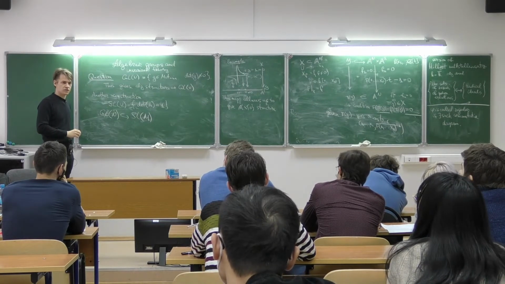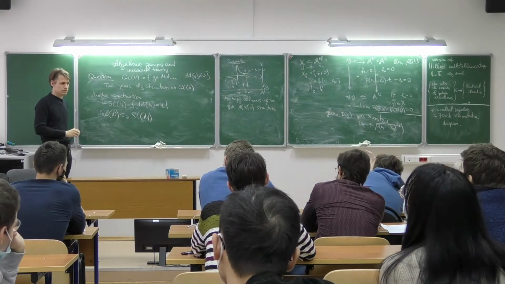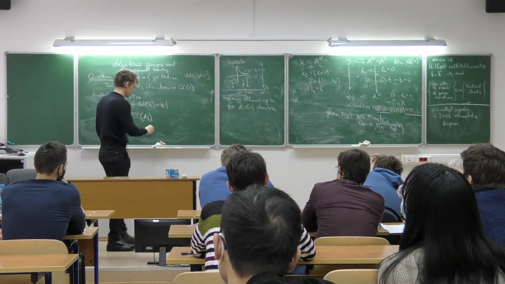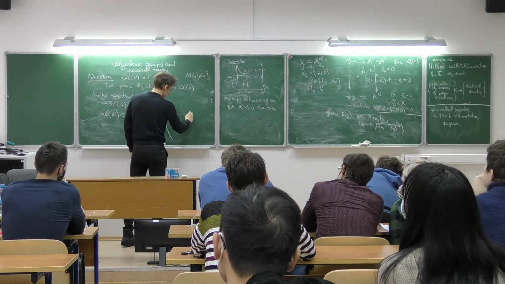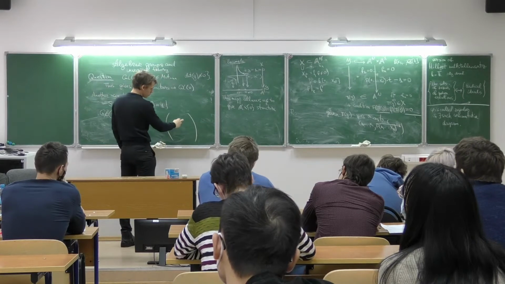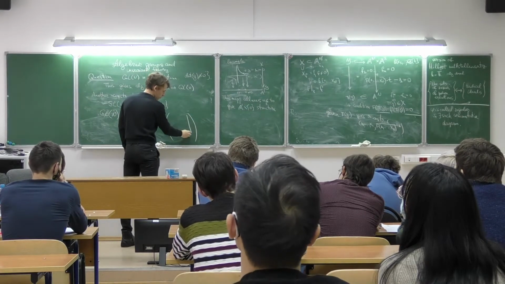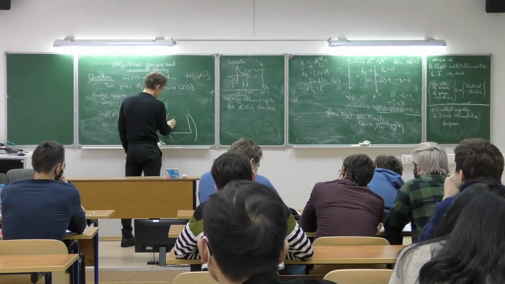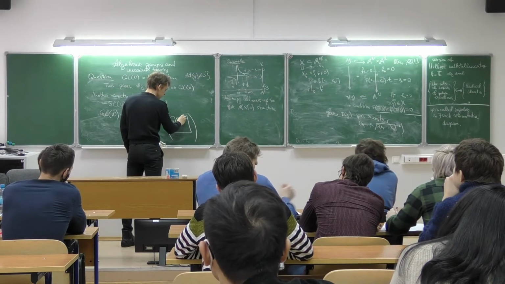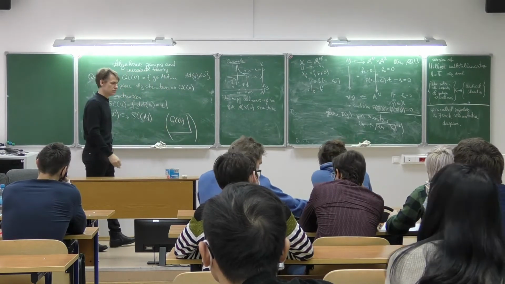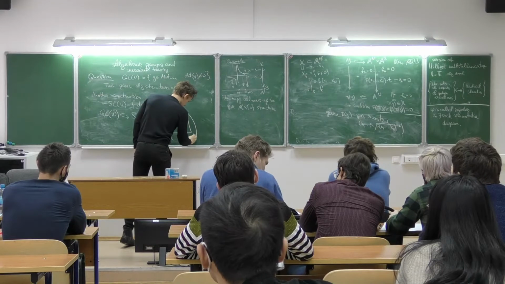Who has ideas? On the diagonal, inversely. Yeah, so you can put it as a block matrix. Here you put GLN, and then 1 over the determinant.